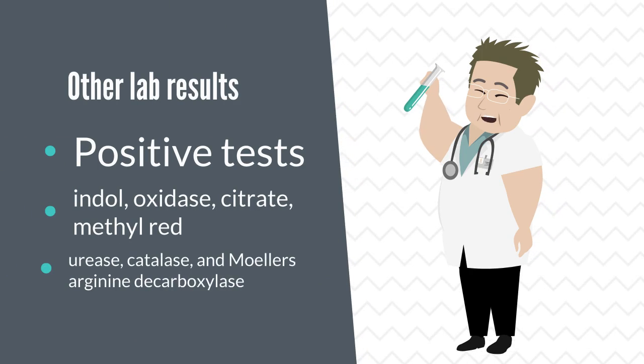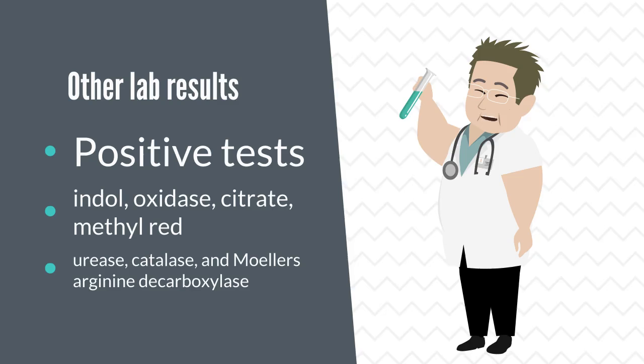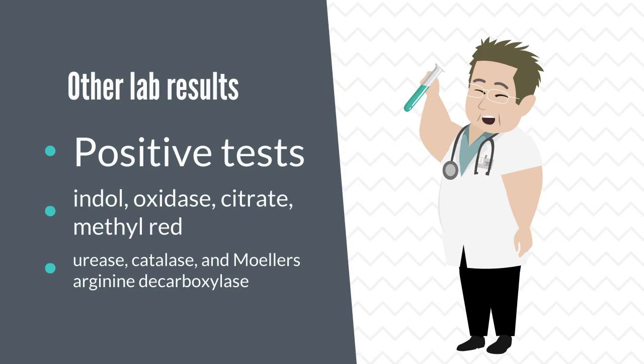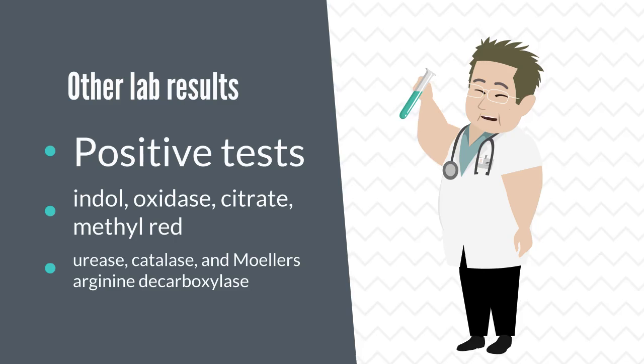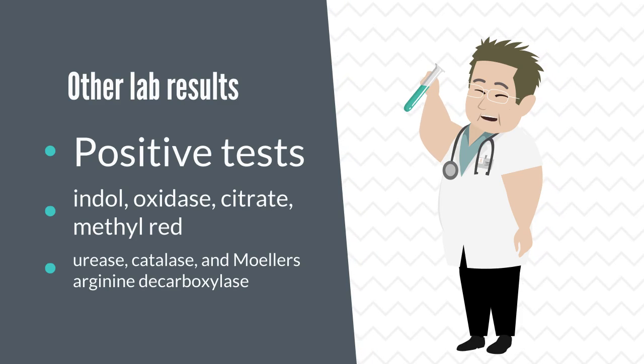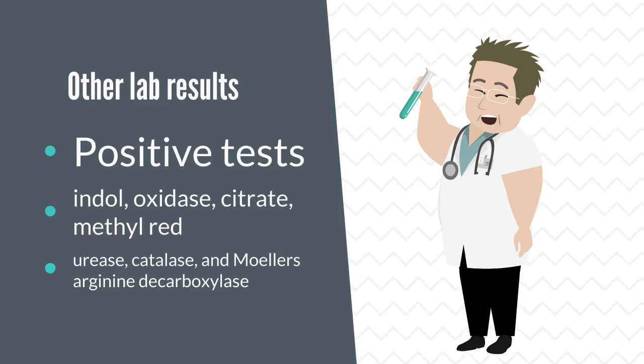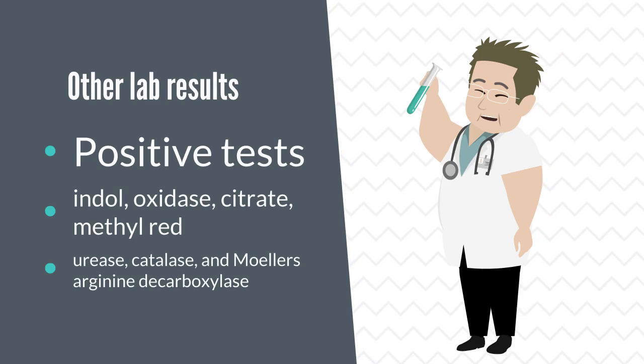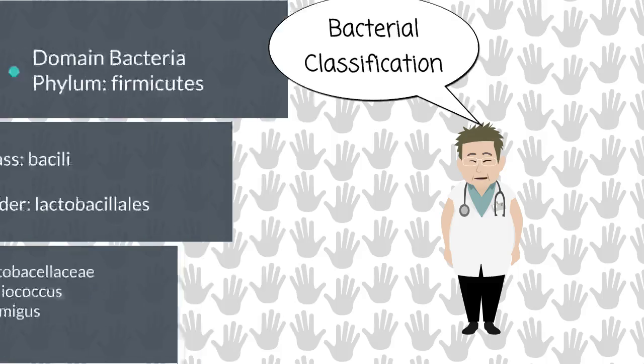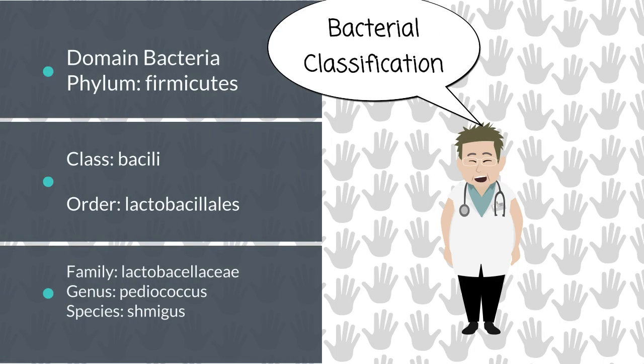Other lab test results included positive tests for indole, oxidase, citrate, methyl red, urease, catalase, and Moeller's arginine decarboxylase tests. From these lab results, we were able to determine the bacterial classification.